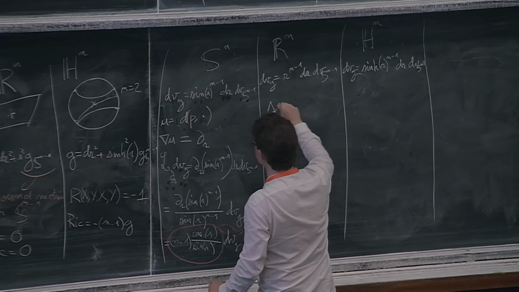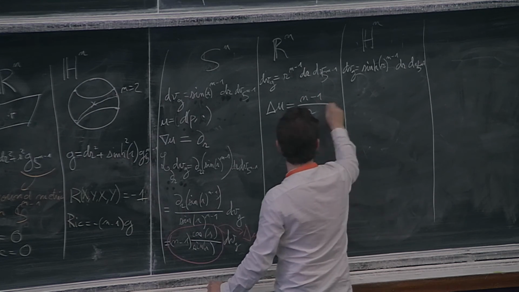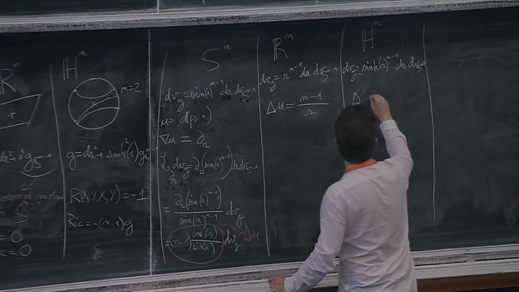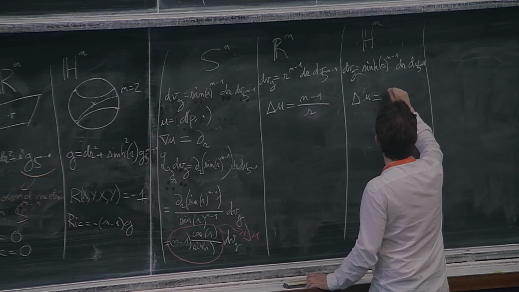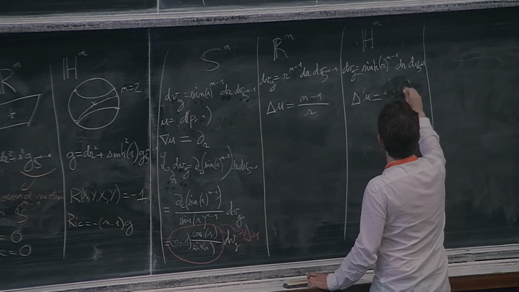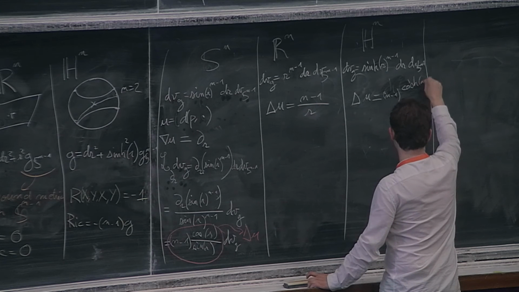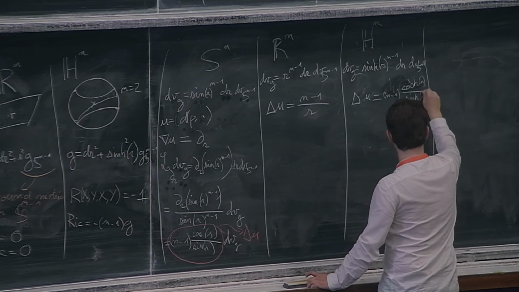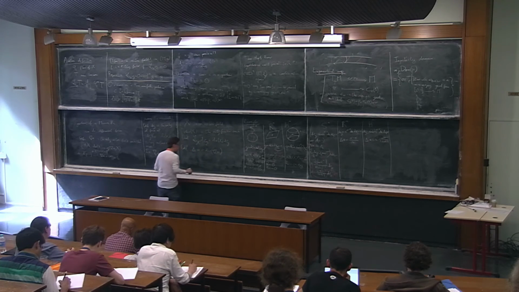Laplace u with the same u is (n−1)/r. And in the hyperbolic case, Laplace u is (n−1) hyperbolic cosine of r over hyperbolic sine of r.